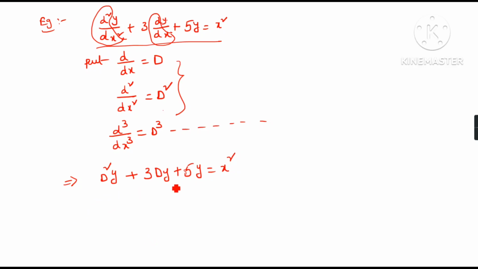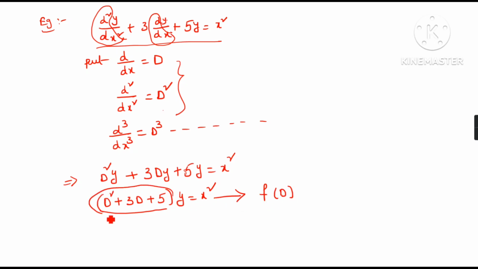Now take y outside from each and every term. So D square plus 3D plus 5, into y, equals x square. Now this is of the form f of D. Here it is totally in terms of D. So it is of the form f of D into y equals q of x.